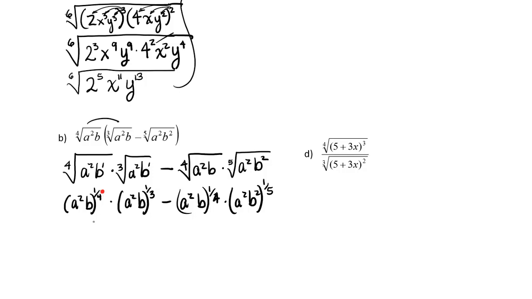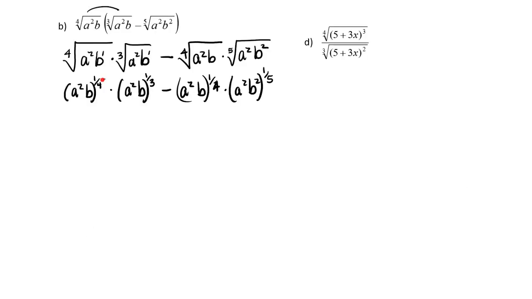Looks like it's going to have to be 60. That will be 15 over 15 for the first one, 20 over 20 for the second one, 15 over 15 for the third grouping, and 12 over 12 for the last one.